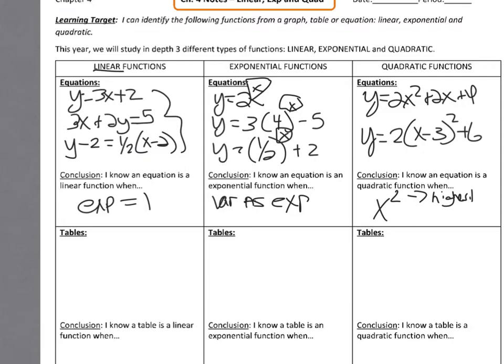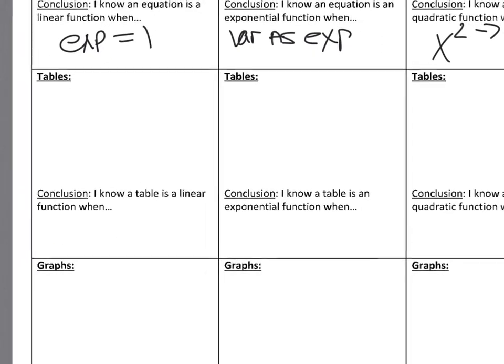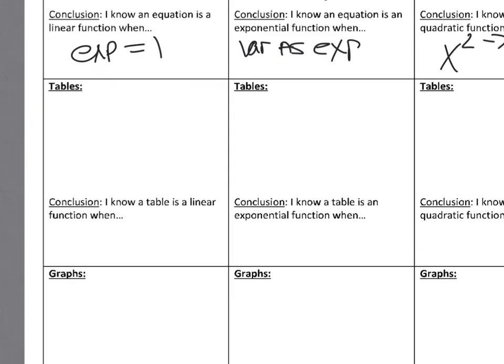All right, tables. This is where we want to look. Let's say that I've got y equals 3x minus 2. I have my x and my y.